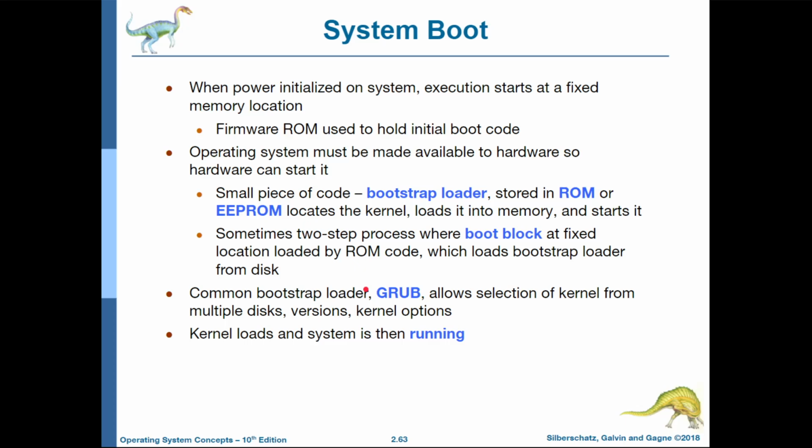Grub is common for Linux. Windows has its own bootstrap that tries to find the Windows NT kernel and get it up and running. And frequently there's competition between these two bootloaders: if you install one bootloader and then try to install a second operating system with a different bootloader, it will overwrite the first one and cause problems.